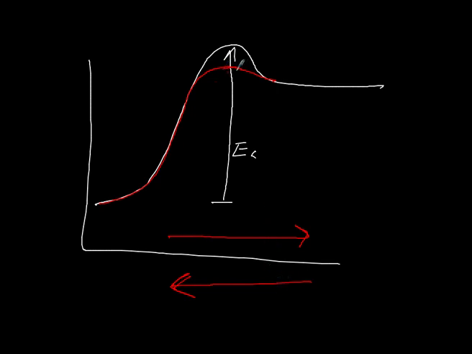This hump is constant whether the reaction is going to the right or to the left. So by adding a catalyst, you increase the rate of not only the forward reaction, but you also increase the rate of the reverse reaction. If the reaction is reversible and is a two-way reaction, you'll have both of those reactions increase in their rates.